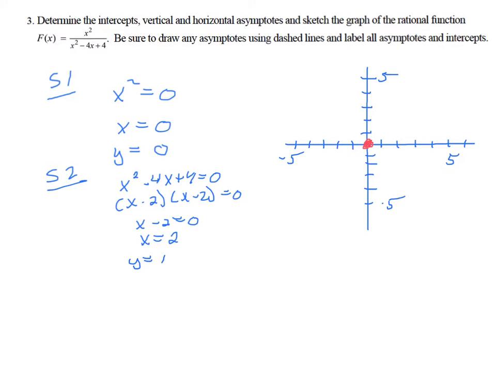It's right on the same point here. And then I'm going to put my x equals 2, my vertical asymptote, running right through there. And I'm going to label that x equals 2. For my horizontal asymptote, it's going to go through y equals 1. So it's going to go right through there. And let's label that y equals 1.